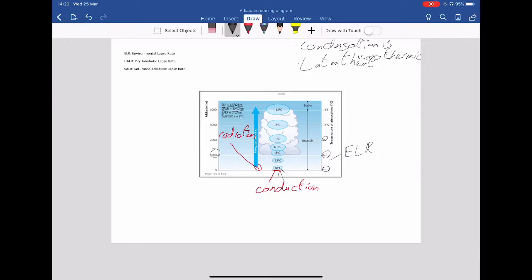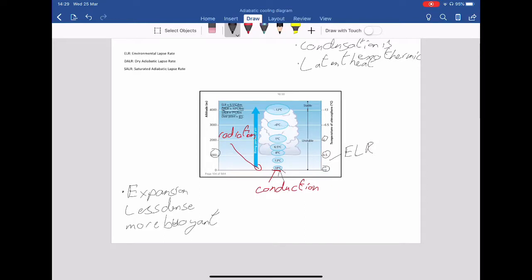So the air parcel is going to rise because it has expanded due to being heated up and is therefore less dense and more buoyant than the air around it.